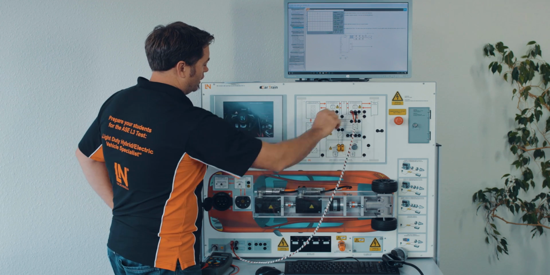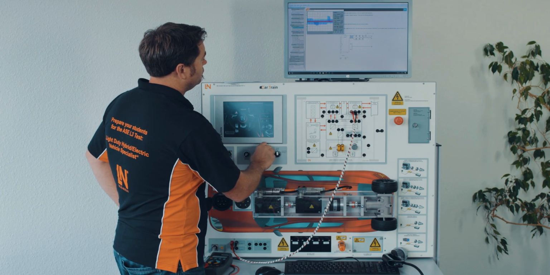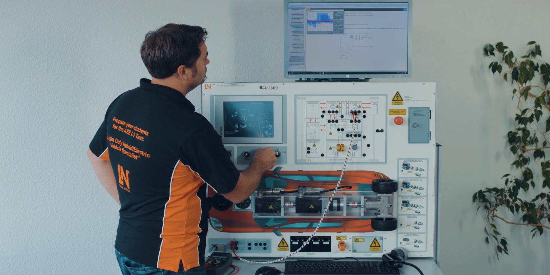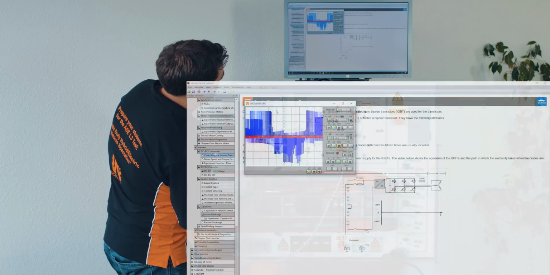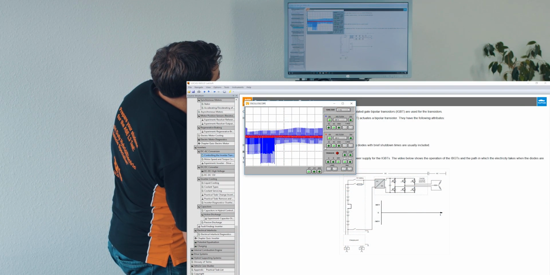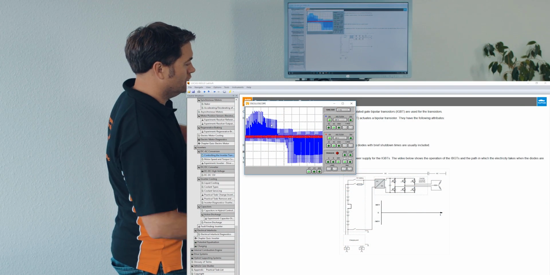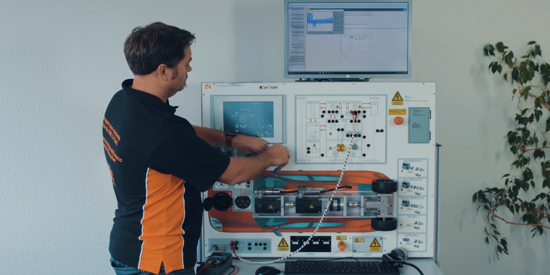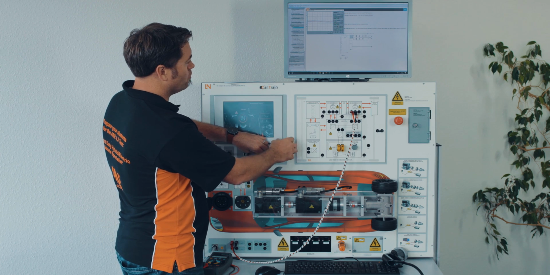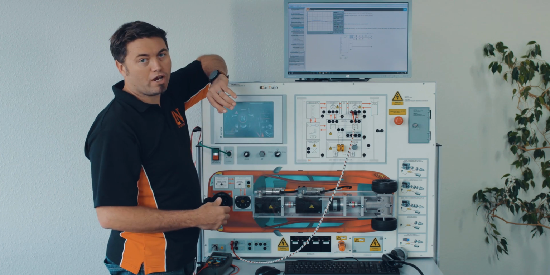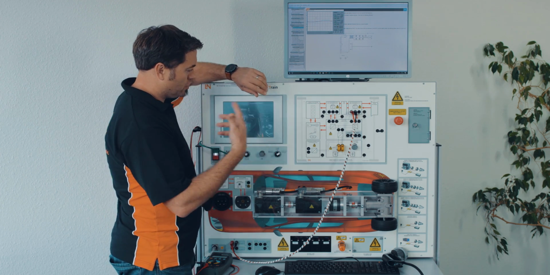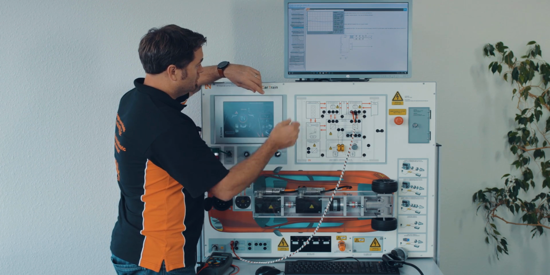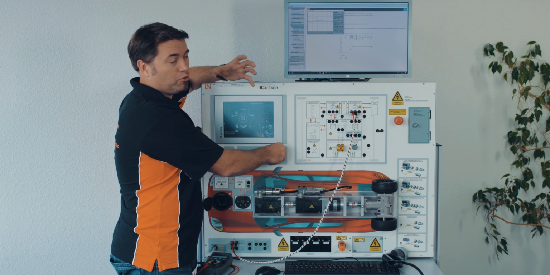So for instance, if we're looking at motor generator 2, we can have a look at the motor generator being driven, or even in freewheeling mode. If you see the sine wave like this, as it's freewheeling, so it's being driven by the first motor here, we can tell that it's a permanent magnet motor.